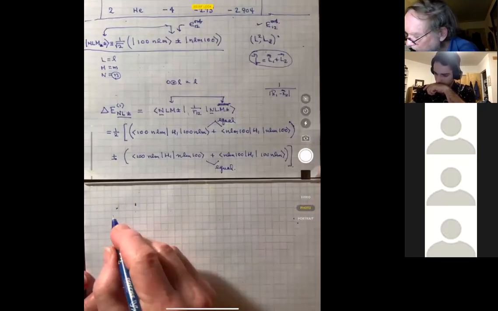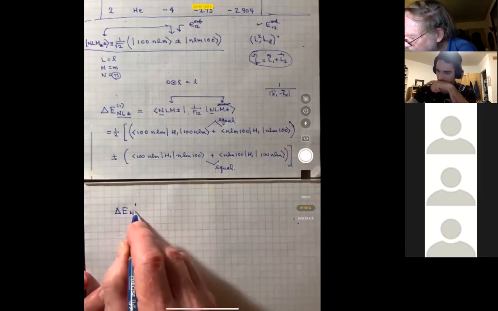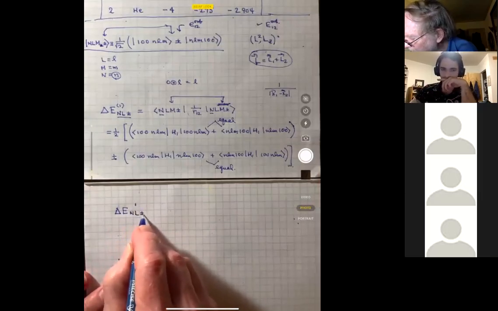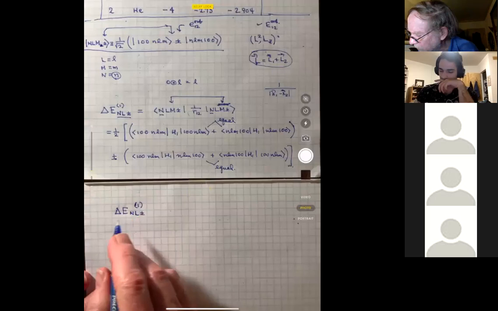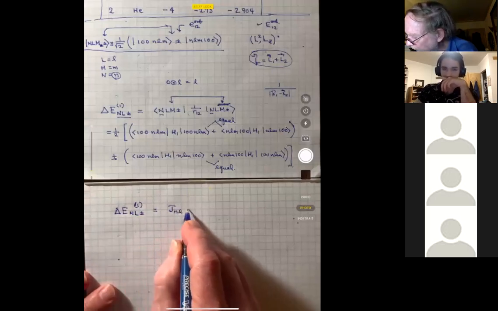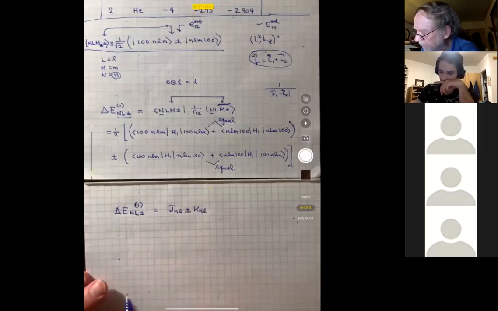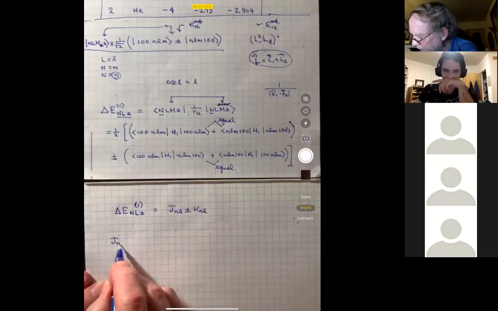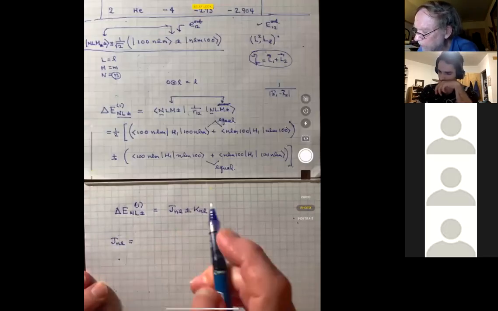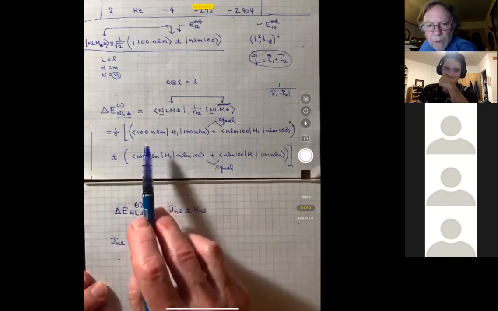So the result is that the energy shift in first order perturbation theory, which ought to depend on these quantum numbers n, l, and the plus and minus, I'll put a 1 here, meaning first order perturbation theory. This can be written in the following way: J_nl plus and minus K_nl. The J_nl is either one of these 2 integrals up above.